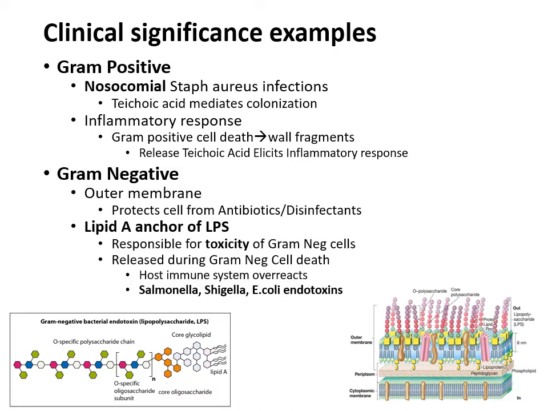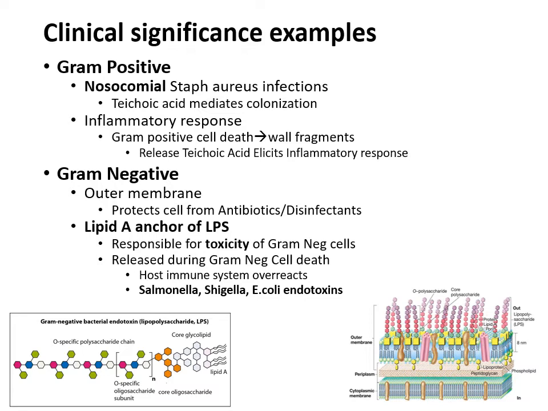You then have the gram-negatives, and the clinical example for gram-negatives is, first of all, that outer membrane that they have makes them, like I said, more resistant, which means it's going to help protect them from antibiotics and disinfectants that you may use to try and clean areas or treat patients.